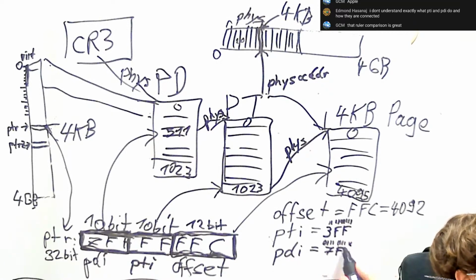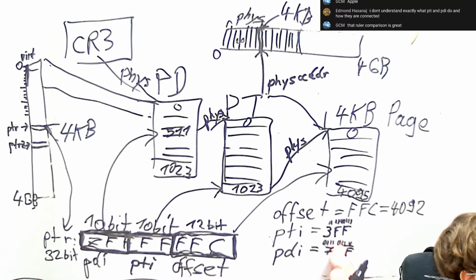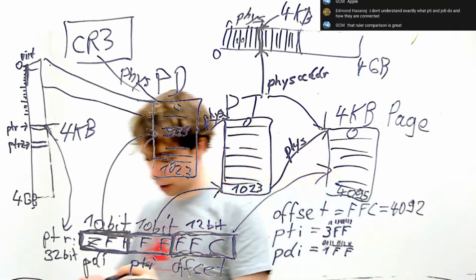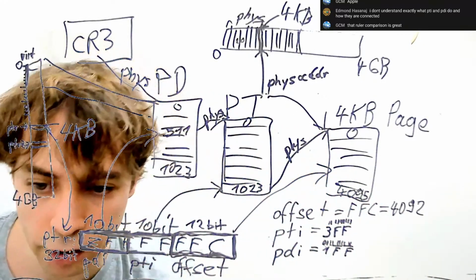So if we put this together again, then we have these 4 bits here. This becomes an F. The next 4 bits become an F again. And then we have left 0, 1, which becomes a 1. So it's 1FF. That's how you split up these hex characters.